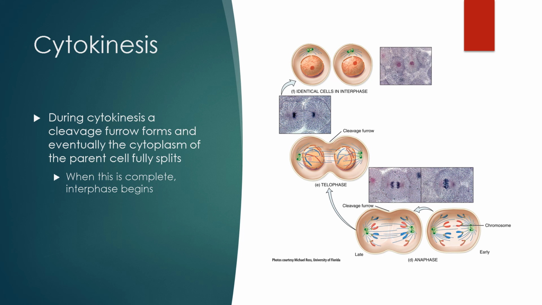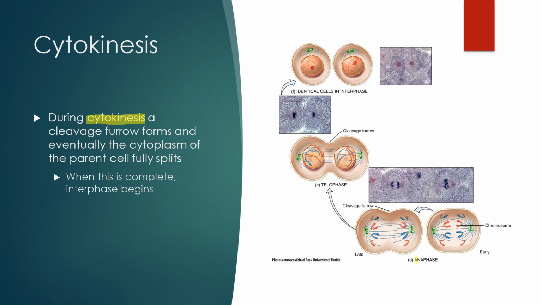This is where we get to cytokinesis. Cytokinesis is a term given to the division of the cell's cytoplasm and organelles into two identical cells. This entire process of cytokinesis usually begins in late anaphase with the beginning formation of the cleavage furrow, and cytokinesis is completed after telophase.